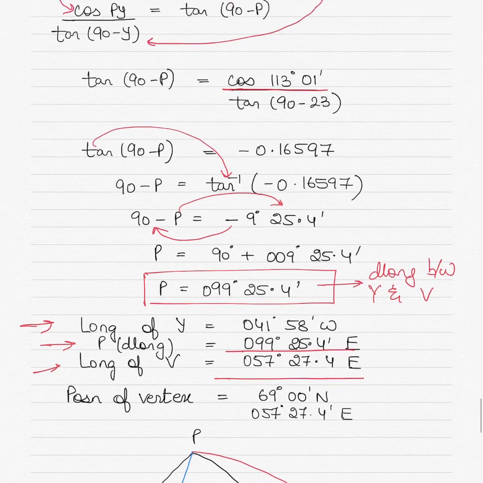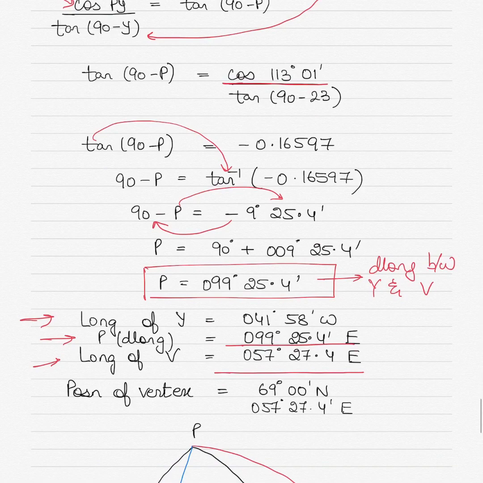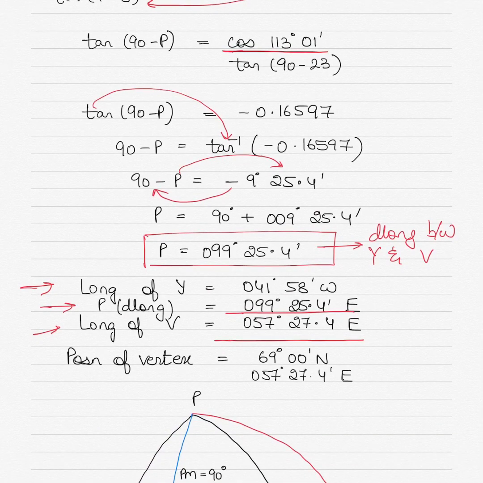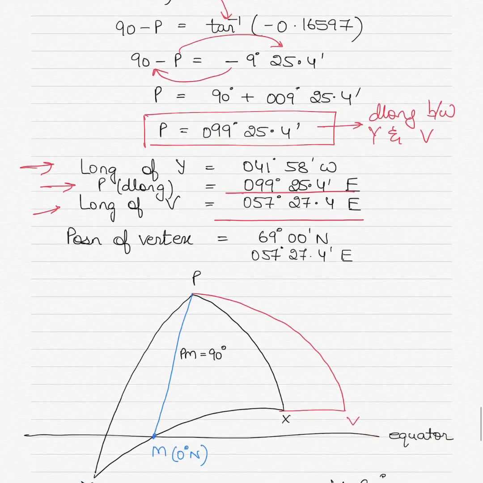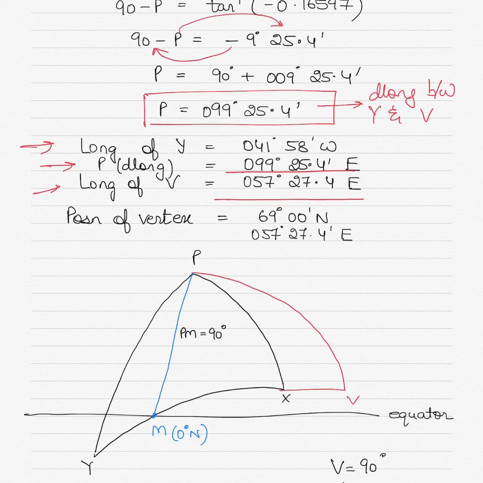How does that happen? If I go back here, so that you guys don't get confused, you see in the bottom drawing that the longitude of Y is 41 degrees 58 minutes west. The d long between Y and the vertex V is 99 degrees 25.4 minutes. So you will go from west longitude 41 degrees 58 minutes all the way to the prime meridian, 000 degrees.